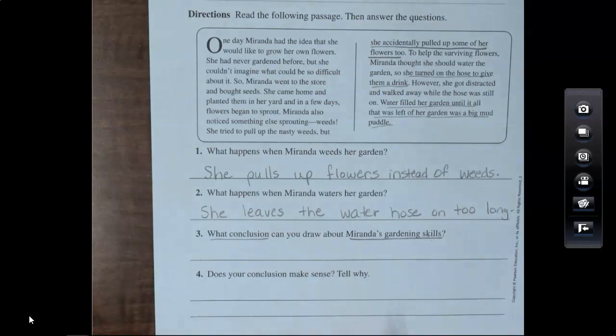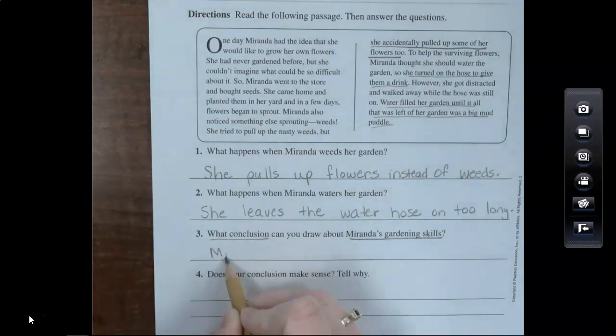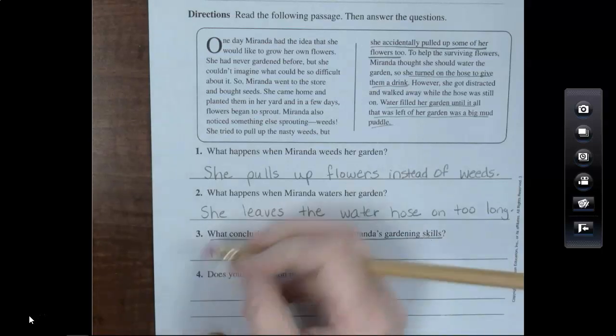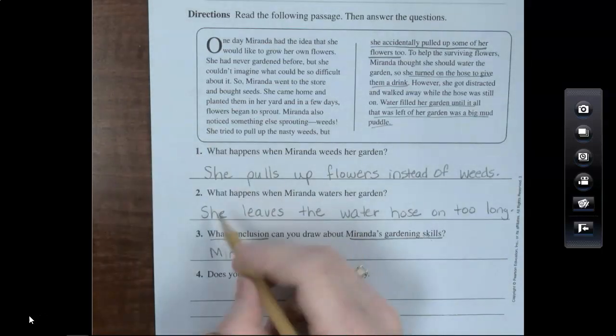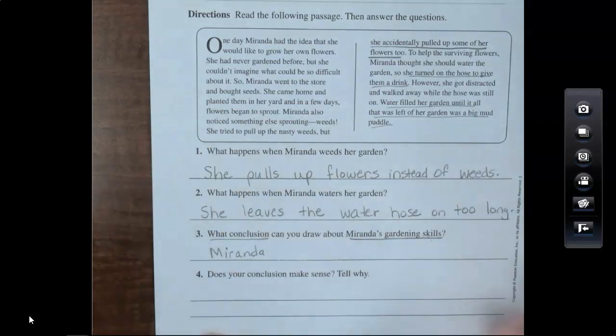You're right. Miranda is not a very good gardener. We can draw that conclusion because we see what she has done here. It's not good things. She just hasn't learned. She can learn, but obviously she hasn't learned yet. So as of right now, Miranda is not a very good gardener.